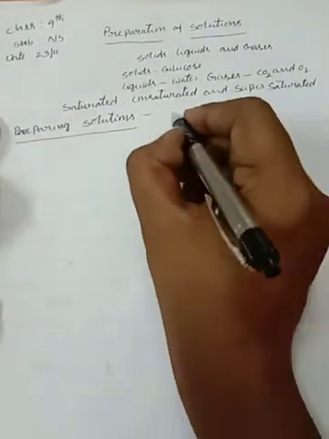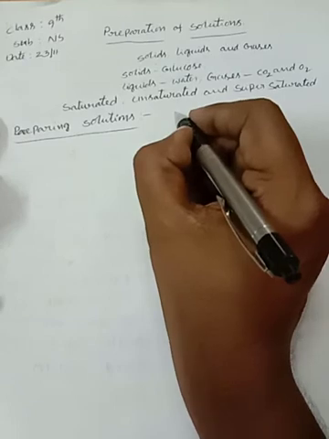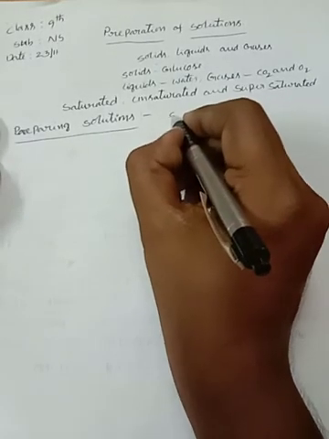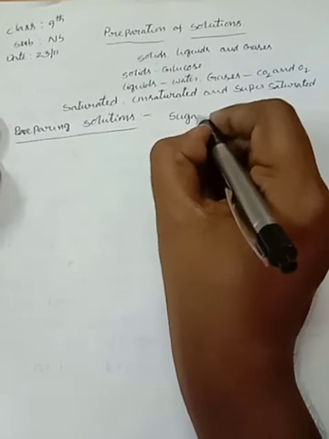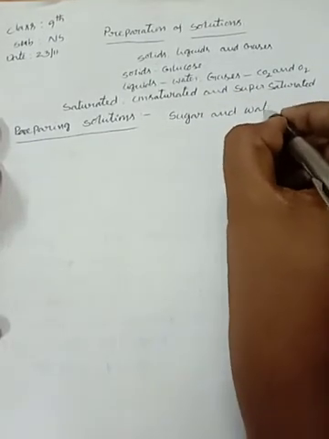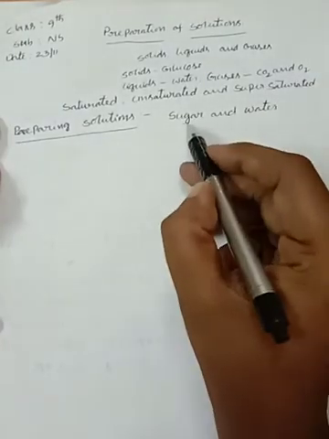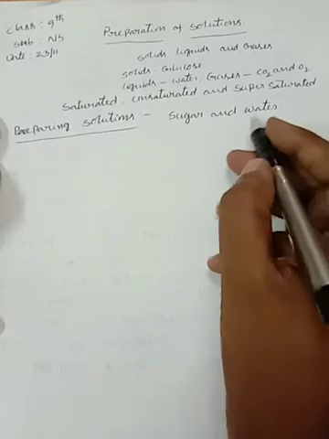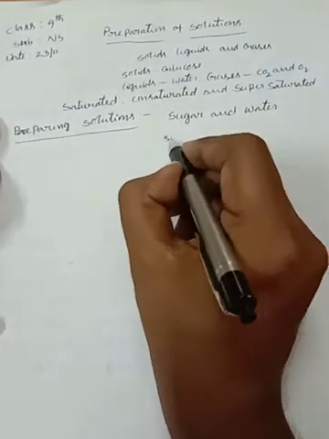To prepare sugar solution, we need two types of ingredients. They are sugar and water. These are the main two ingredients required for the preparation of sugar solution.